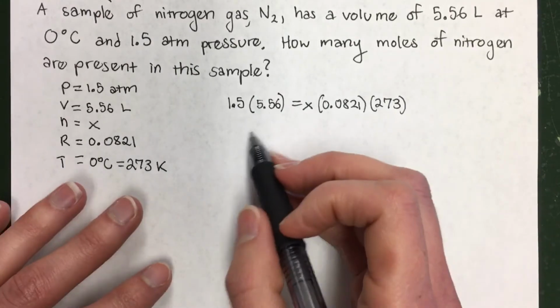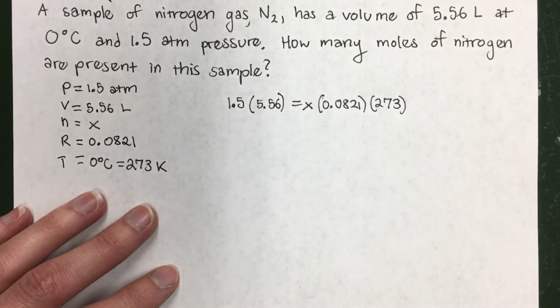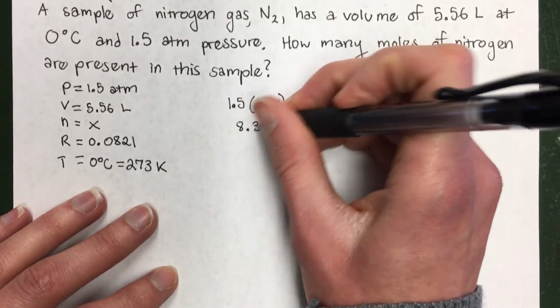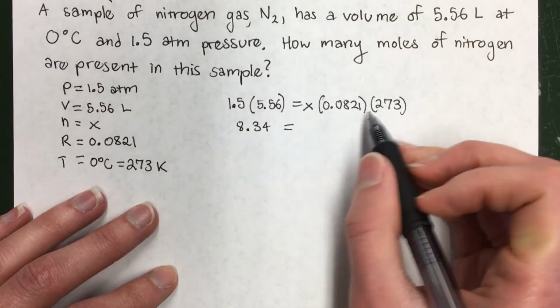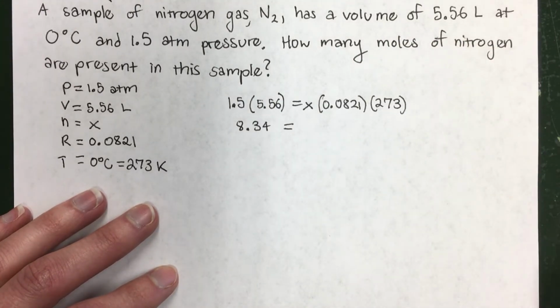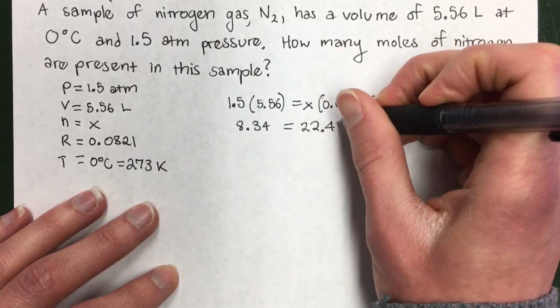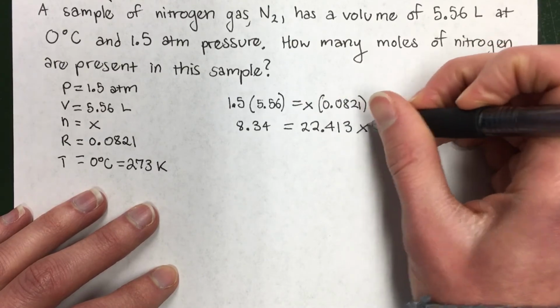So now there's a couple ways you can go about simplifying this. I'm going to just multiply 1.5 times 5.56. It gives me 8.34. And I'm also going to multiply those two numbers together. So 273 times 0.0821 is 22.413x.